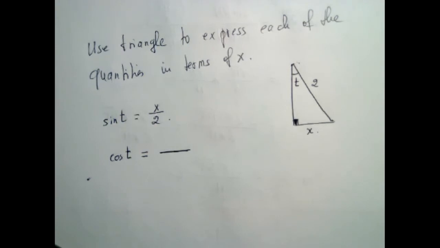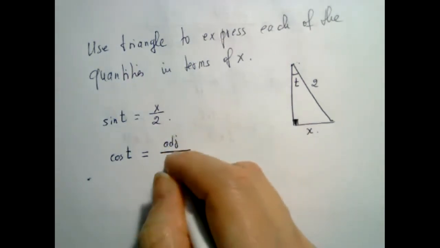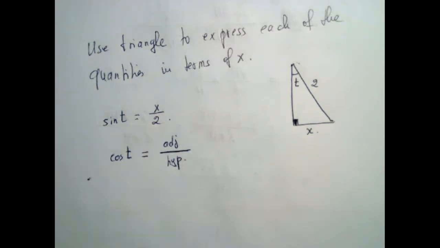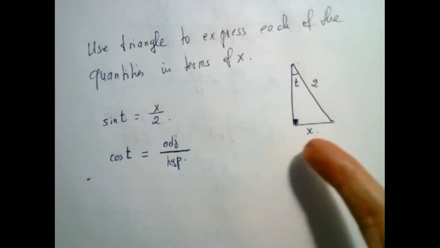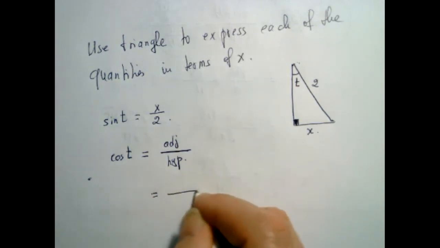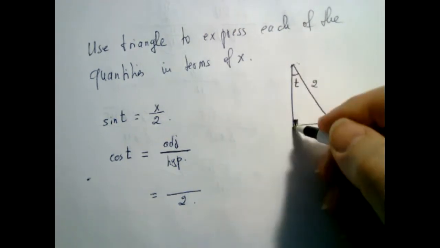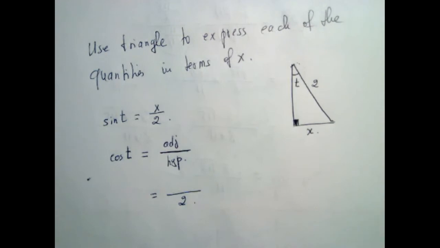All right, so it's adjacent over hypotenuse. That's correct. So you have to compute the adjacent over the hypotenuse, because I'm working in a right triangle. Very good. I want it in terms of x. So this is equal to what? The hypotenuse is 2. I don't have an issue with that. What's the adjacent? How can you compute the adjacent?